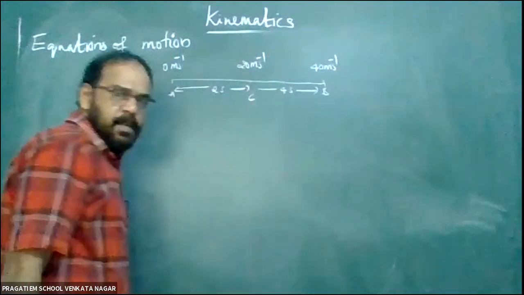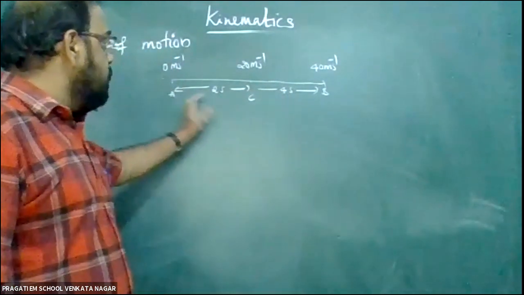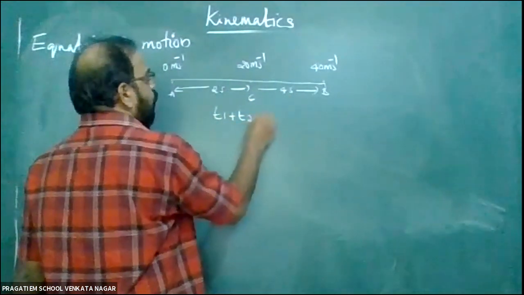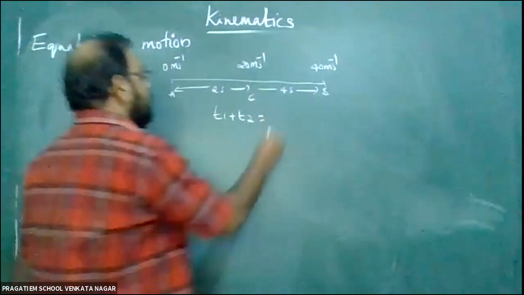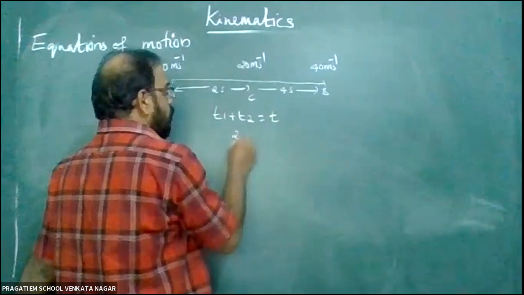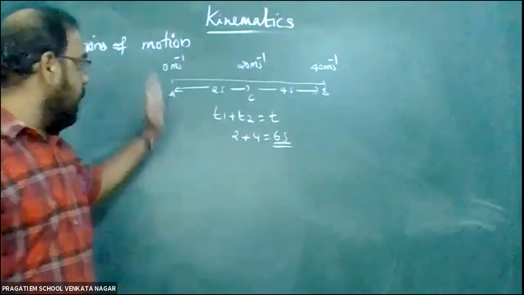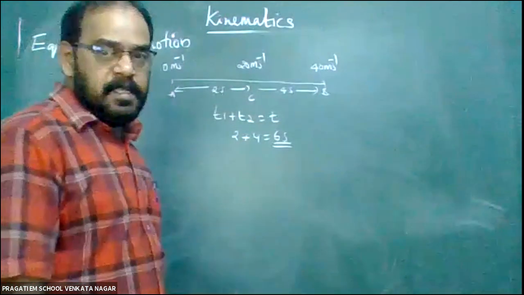It can be anything, whatever numerical example I said. So the total time is T1 plus T2, which is 2 plus 4, 6 seconds. Don't note this down, this is only to understand.